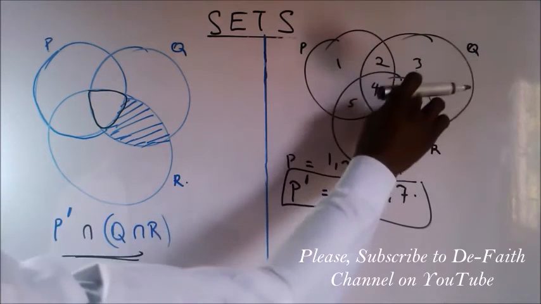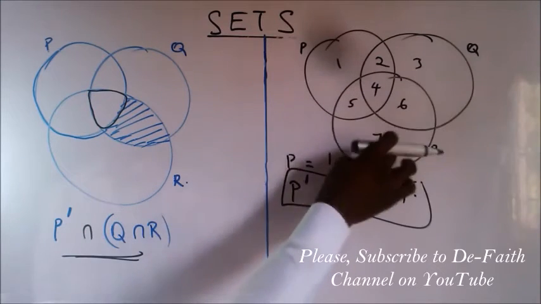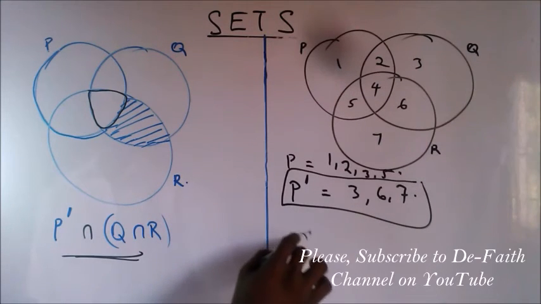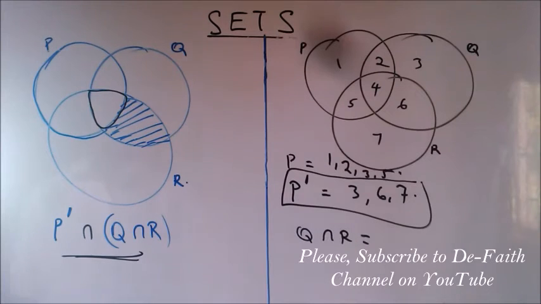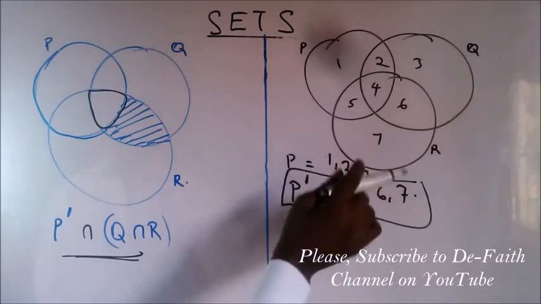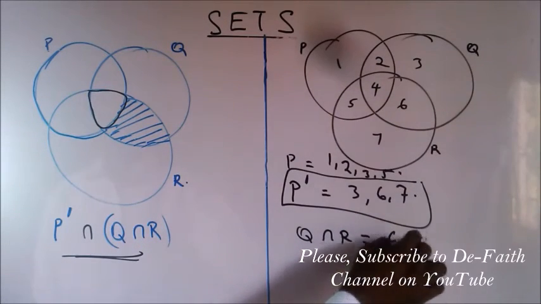We have 6 here. 6 is being shared between Q and R. And so we could say that that is Q intersection R. Q intersection R means what is shared between Q and R. From here, Q and R are sharing 6 and 4.